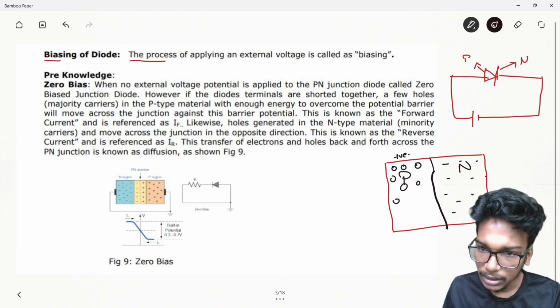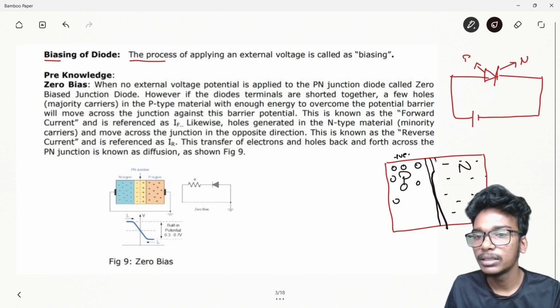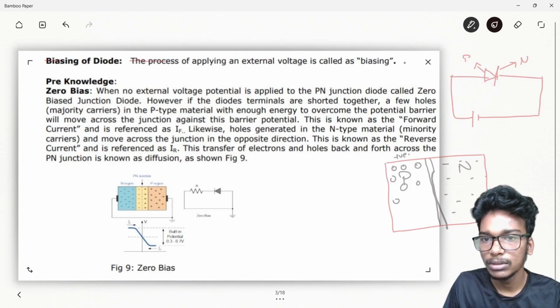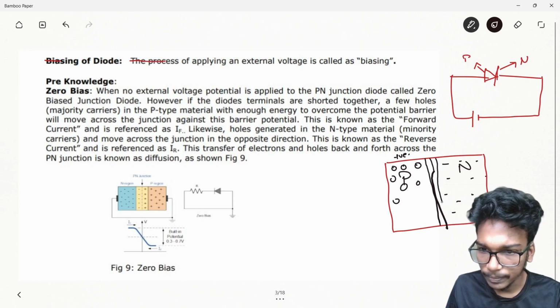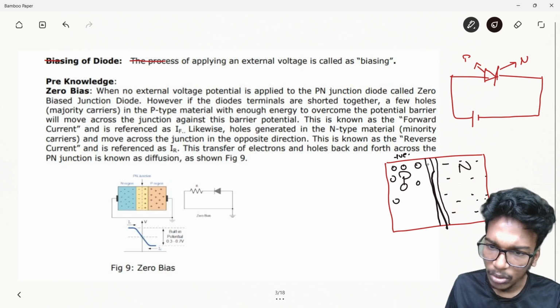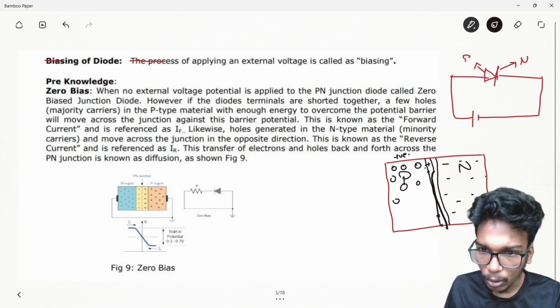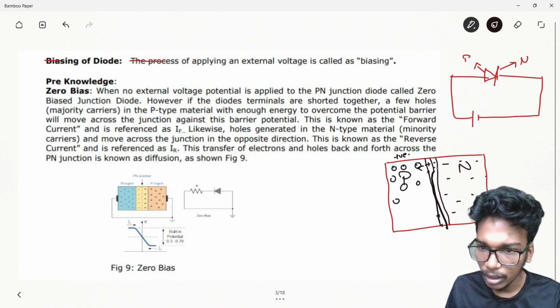Just consider this is the partition layer, right? Just an adjacent layer on the P side and N side. We have positive type ions. These are bonded with another positive ion in the adjacent layer. Here we have electrons.